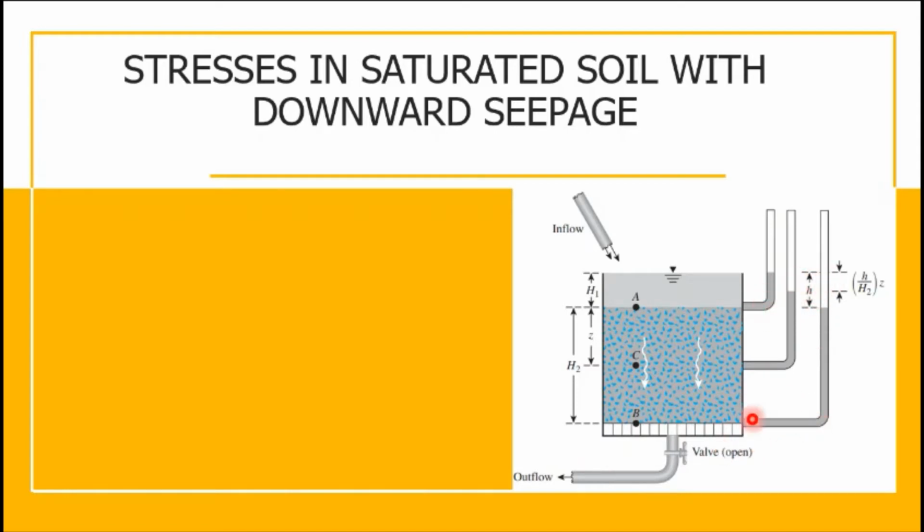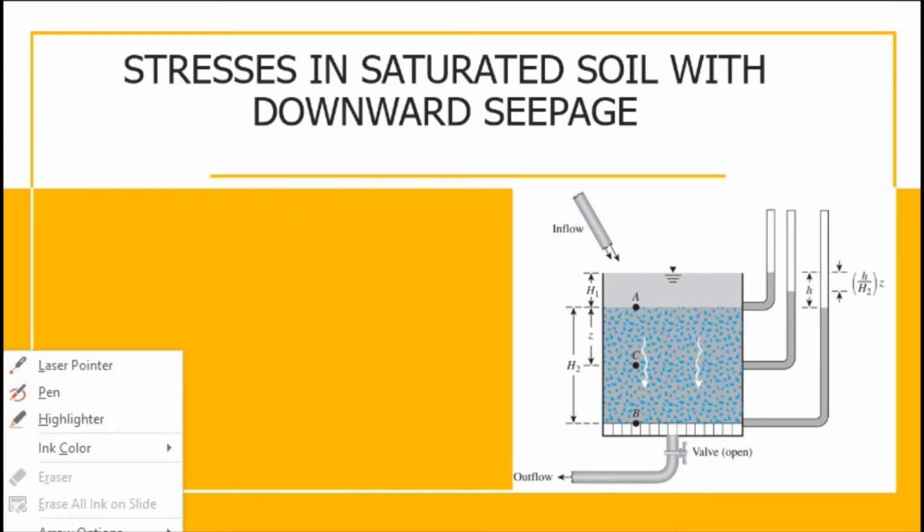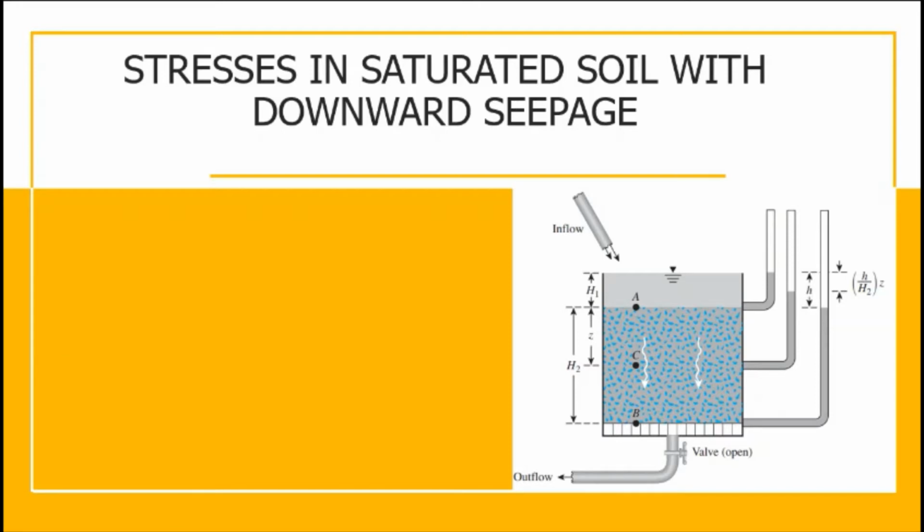And this will be the seepage at point B rather, and this will be the seepage at point C. This one, this one. The difference between this water level and that. That's why that is the water level.